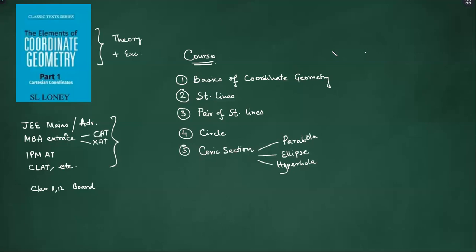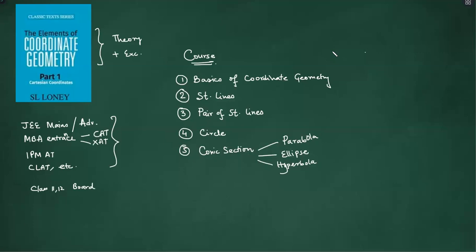In physics and chemistry, of course, you're going to use this a lot. For example, in kinematics, you're going to use it for the speed, distance, time graph. I'm sure many people who are learning physics have already come across those things. We are also going to use coordinate geometry in chemistry, where there will be multiple graphs, and it's very important that you know how to interpret them.